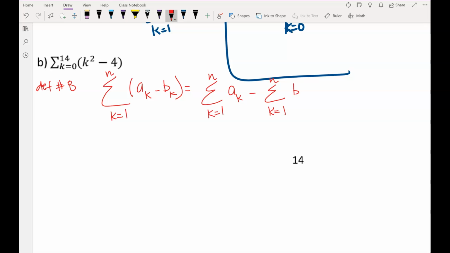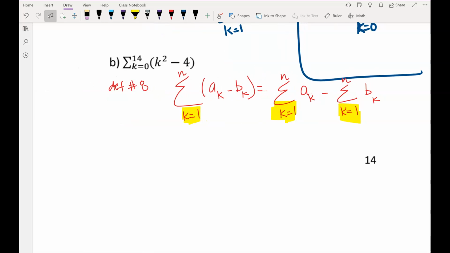Okay, so this is already in your definition. Now you just have to know how to use it. But your definition here says k has to start at 1. Now your question here on 7b says k is currently starting at 0. Then we can't use the formula. That's not the same. So we just have to start with k equals 1 by using when k is 0.